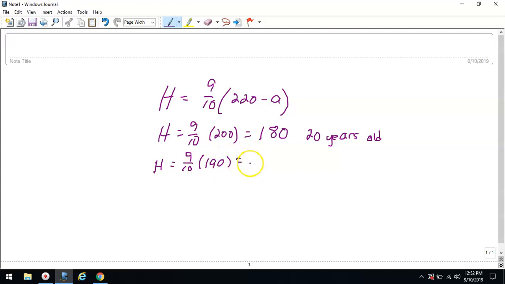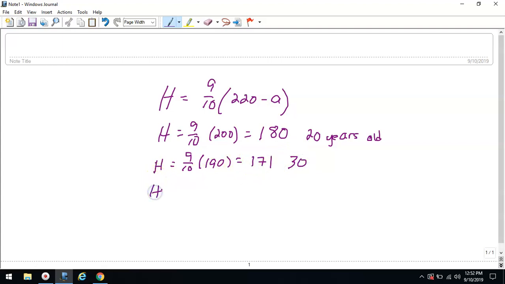Yeah, so that'll be 19 times 9, which actually I'm going to get out a calculator so I don't mess this up for you guys. And in the calculator, you can also just put 0.9 times 190. So that's 171 for 30.